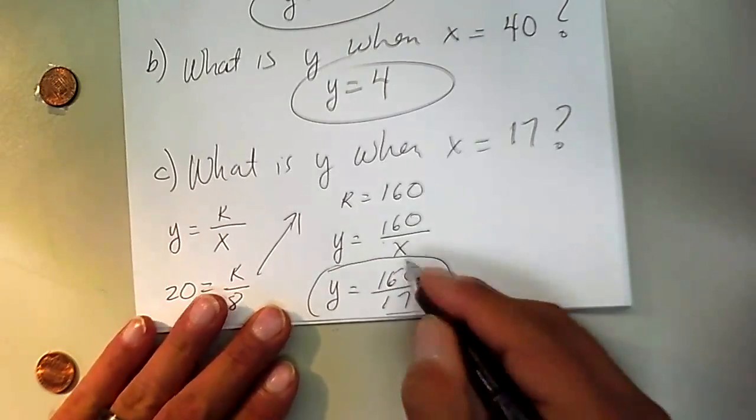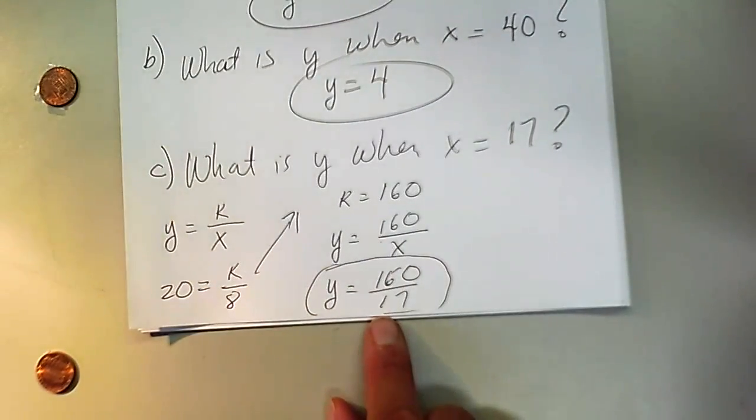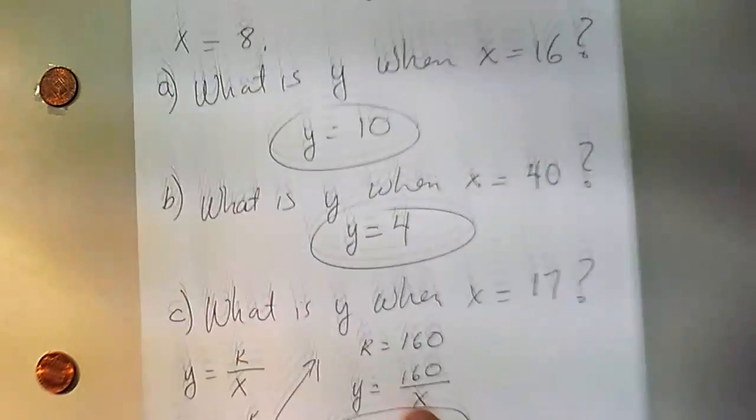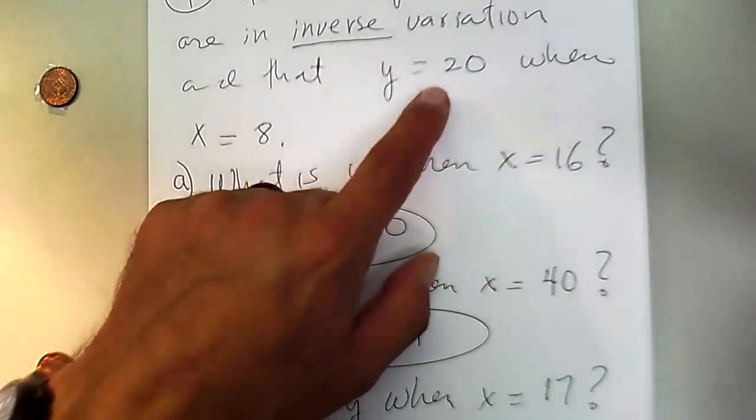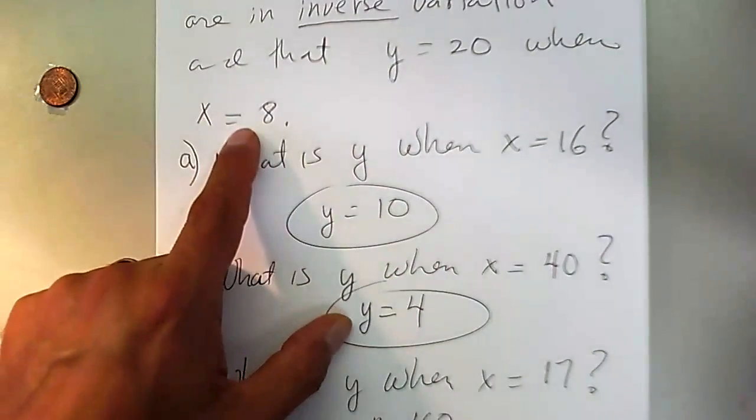Just plug in the 17 and there is nothing to simplify. So we are done. That's the kind of answer I expect. I'm a little curious to know what the number is, because the output here is 20 when x is 8.